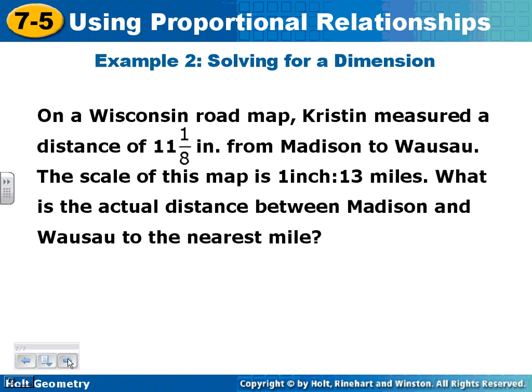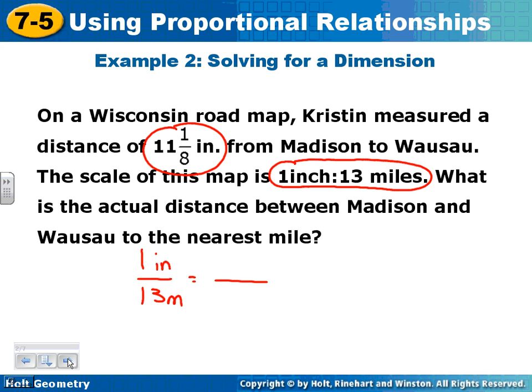So let's set up a proportion. What we're going to do is start with the scale factor, 1 inch, 13 miles. Then we're going to use this 11 1/8, and it has to go on the top.